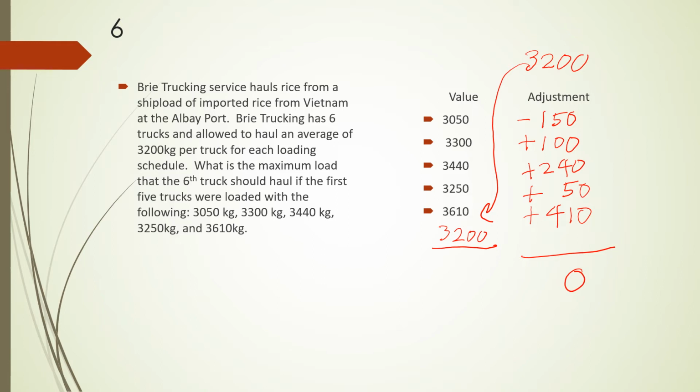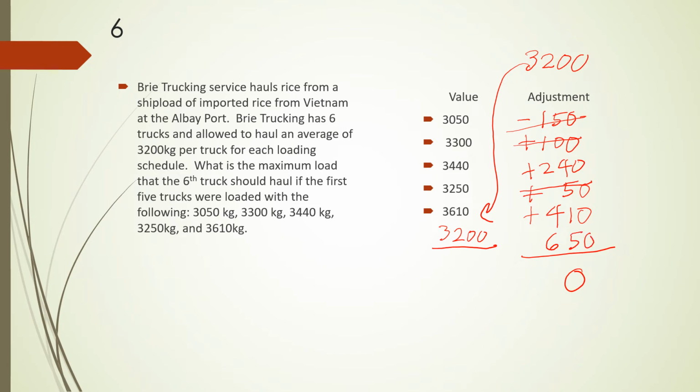Okay, so if we have positive 50 plus positive 100, that will cancel out with negative 150. So the remaining values that we need to offset will be 240 positive plus 410, or a total of 650.